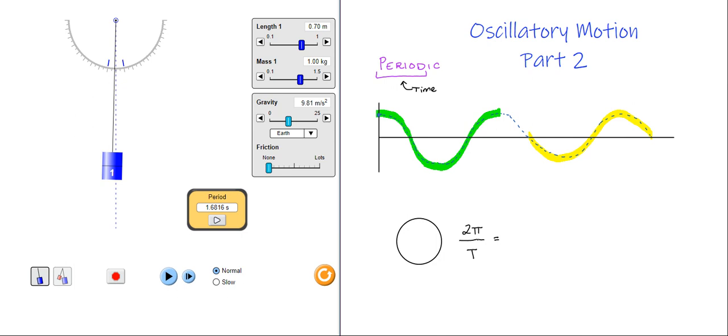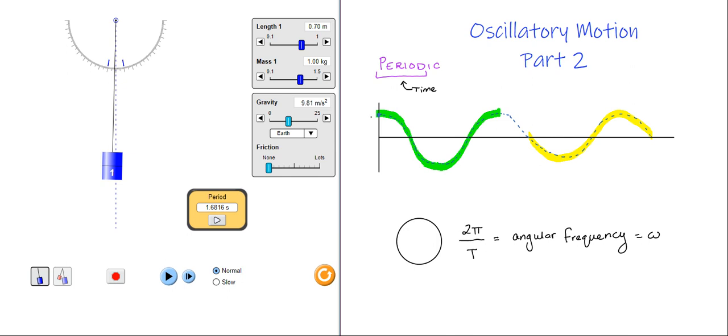This term over here is known as the angular frequency. Now the angular frequency has the same symbol as the angular speed or angular velocity, and they can be used interchangeably in some cases, but we have to be a little cautious. Technically the angular frequency will be the magnitude of the angular velocity, and we'll get into more theoretical discussion of that later.